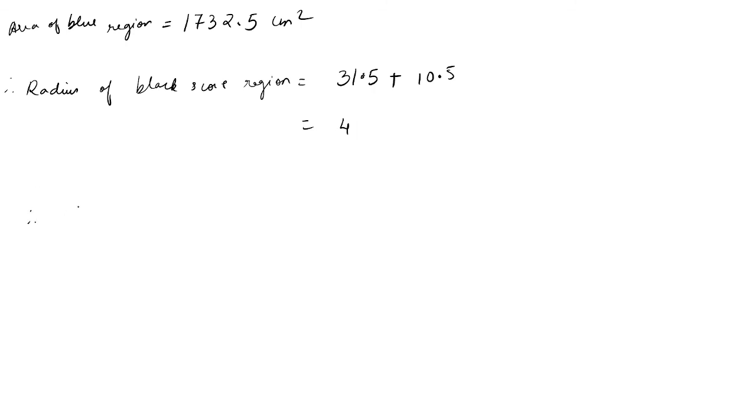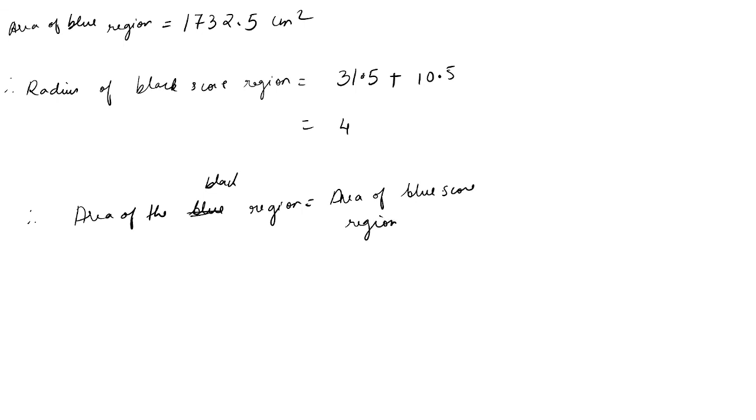So therefore the area of the black region is going to be equal to the area of the black score region minus the area of gold region plus the area of red region plus the area of blue region.